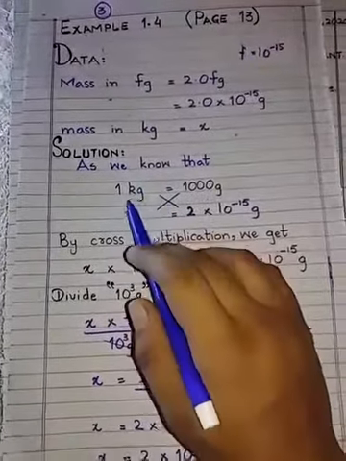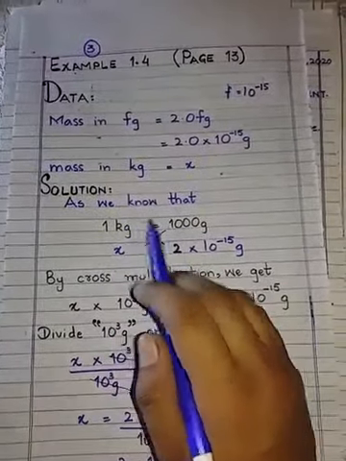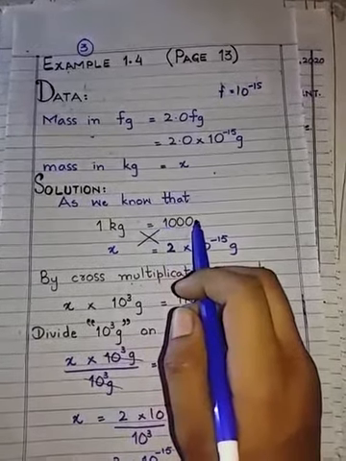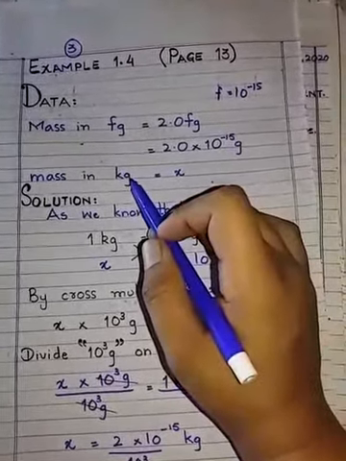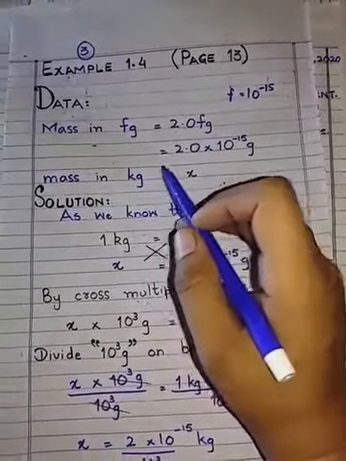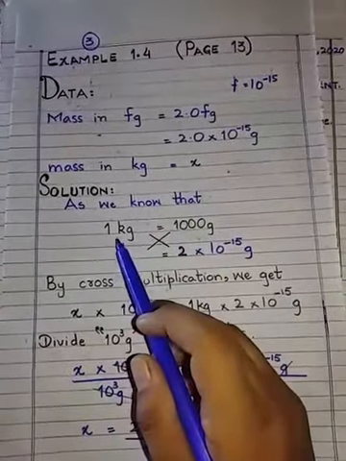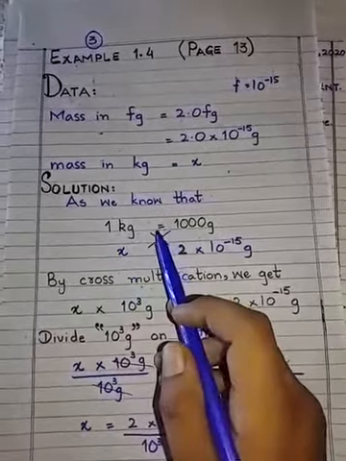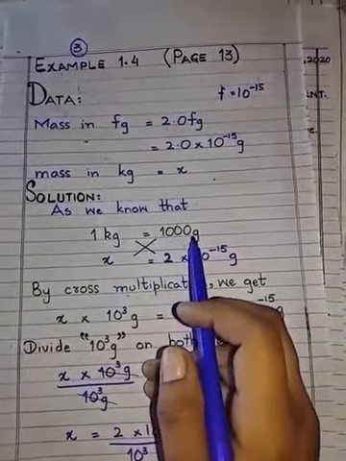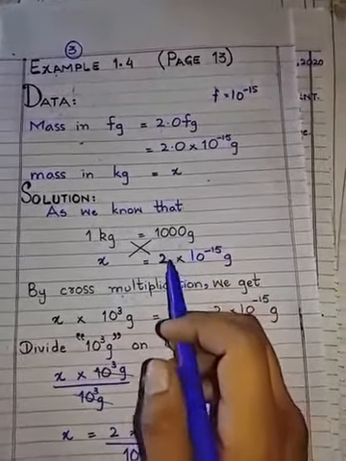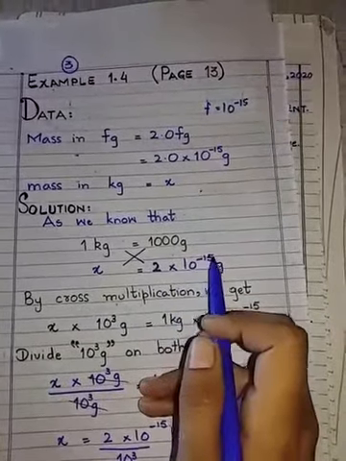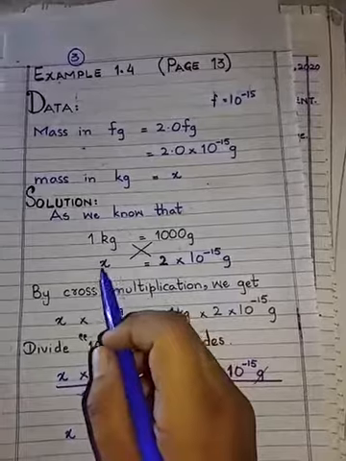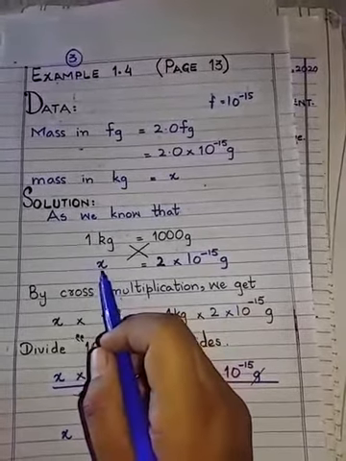As we know, 1 kilogram is equal to 1000 gram, because now we will convert this gram into kilogram. And 2 into 10 raised to power minus 15 gram is equal to unknown.